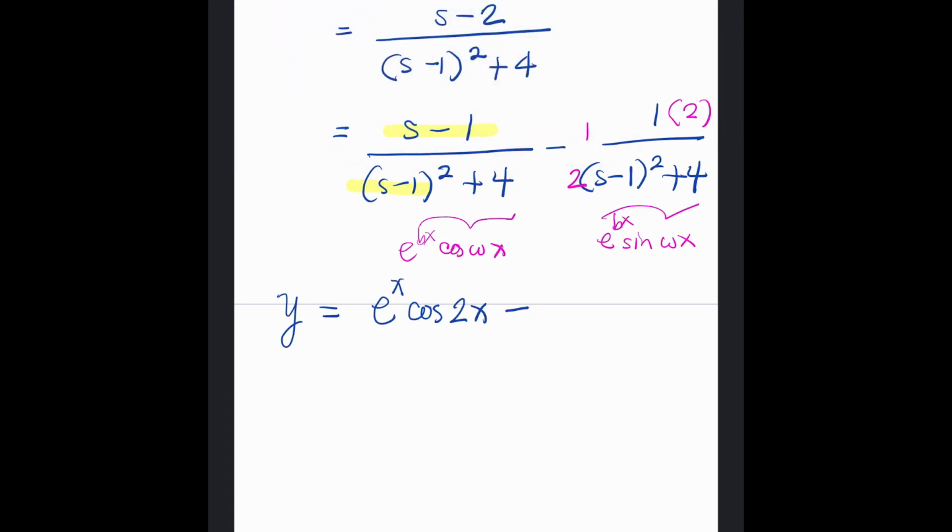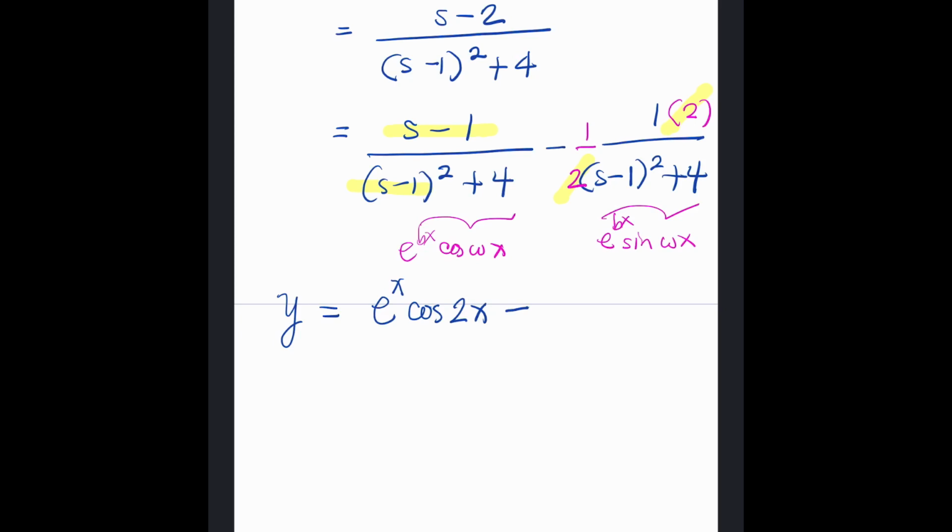What's amazing in iPad is you can erase. Okay, so that's multiplying by 2. I'm sorry. What's amazing is we have to multiply by 2 and divide by 2. Because this represents omega over s squared plus omega squared.